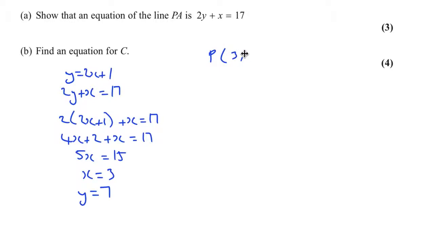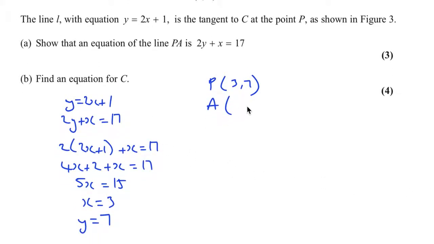is 3, 7, and we already know that A was 7, 5. Distance between two points, this is your year 11 work, coordinate geometry from way back. The length of PA, you might write that as magnitude, is going to be Pythagoras, x1 minus x2 or x2 minus x1.